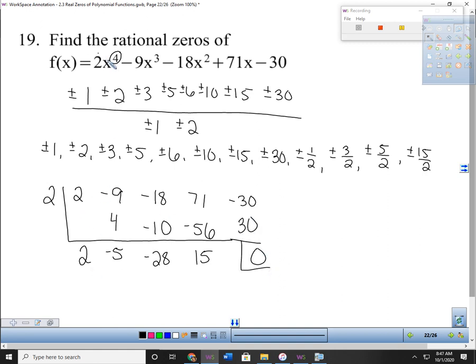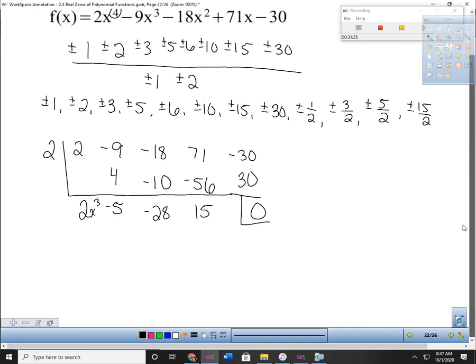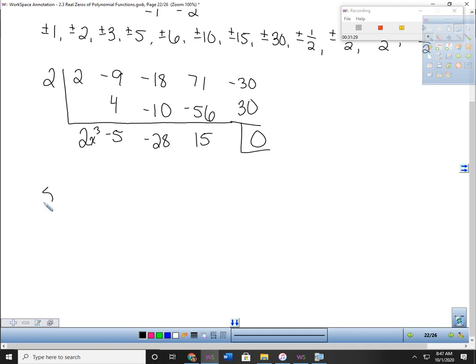But if this is x to the 4th, that means this is x to the 3rd. And if I factor this, I'm going to have to do grouping. So if you have another 0 to divide by, then divide again. So we decided that it crossed at 5 as well. So we're going to divide again. And you're just going to drop these numbers that were left over from your first division down. So I've got 2, negative 5, negative 28, and 15.